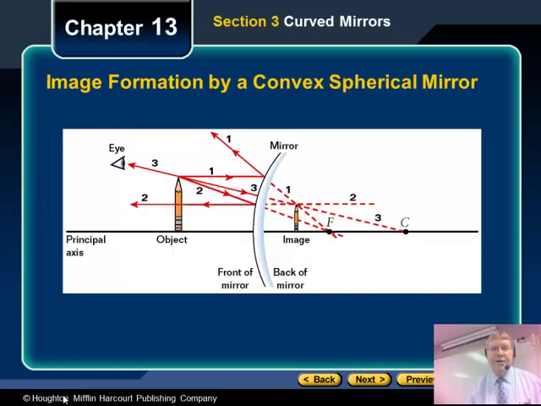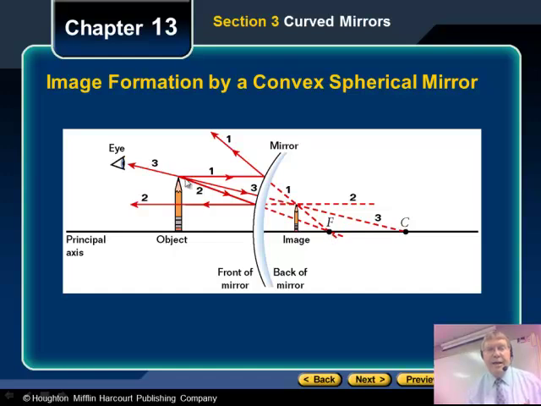All right, here you see a ray diagram with this. You have the ray parallel to the principal axis that gets reflected back as though it was coming from the focus. Now, again, the focus on a convex mirror is on the back side of the mirror, not on the front side. So the focus is back here. So this ray is reflected as though it was coming from the focus.